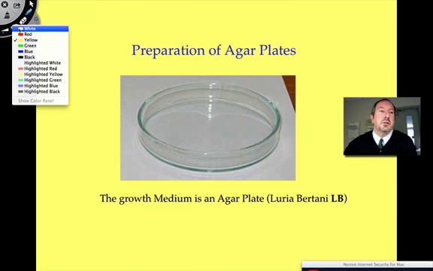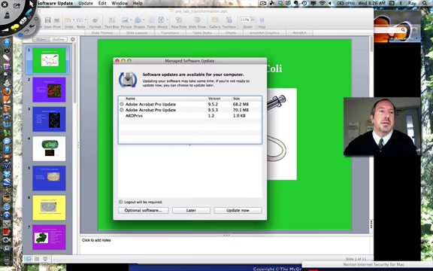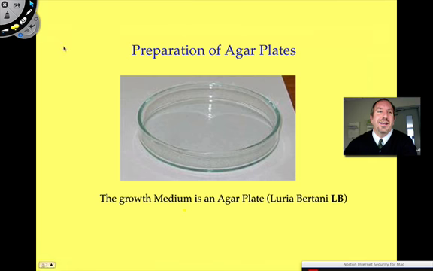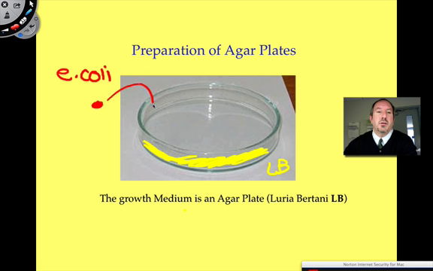Let me illustrate that if I can. If there was agar in here, this is LB, and if we were going to try to grow E. coli on it, so here's E. coli, it would certainly grow, because all bacteria would love to grow on LB.